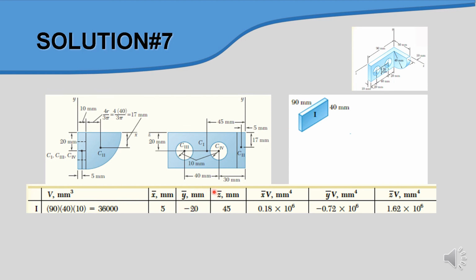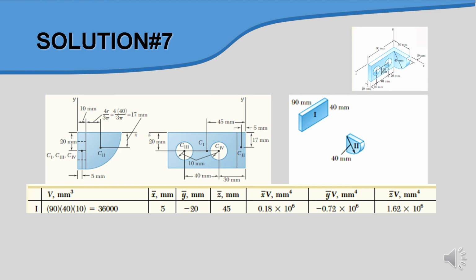And also we have z bar. Z bar from here to here is positive, and of course z bar is positive for this rectangular. In order to get the z bar, it is basically 90 divided by 2, we have 45. And also we get the values x bar v, y bar v, and z bar v.